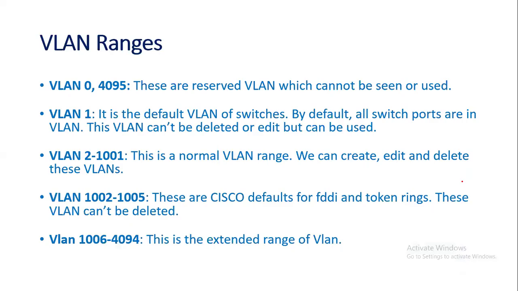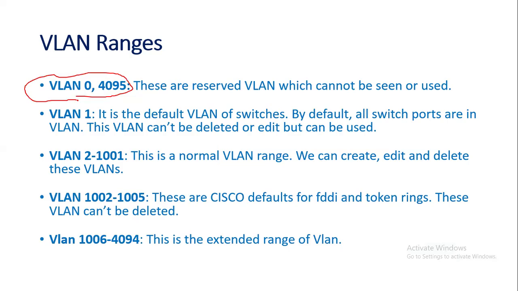Now, if it comes under the VLAN, there are certain ranges you can assign. The VLAN range is 0 to 4095. If someone asks how many VLANs you can create, the range is 0 to 4095. That is the overall VLAN range.